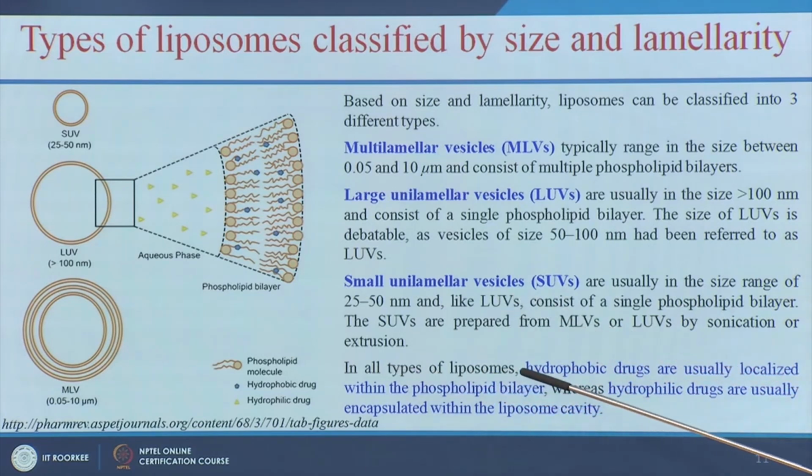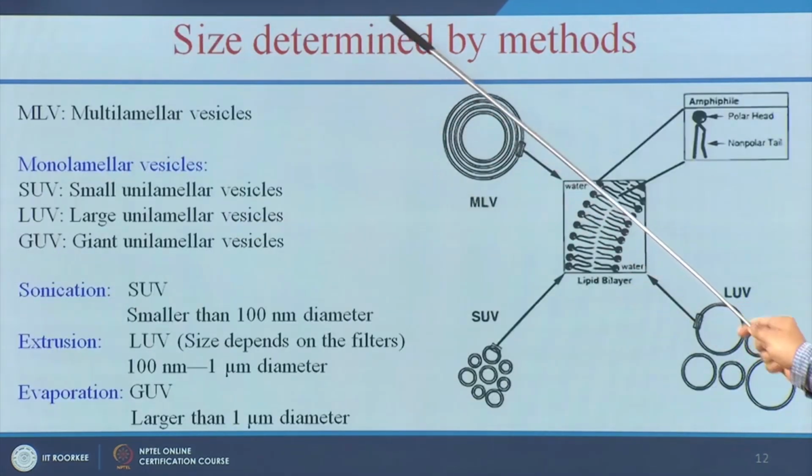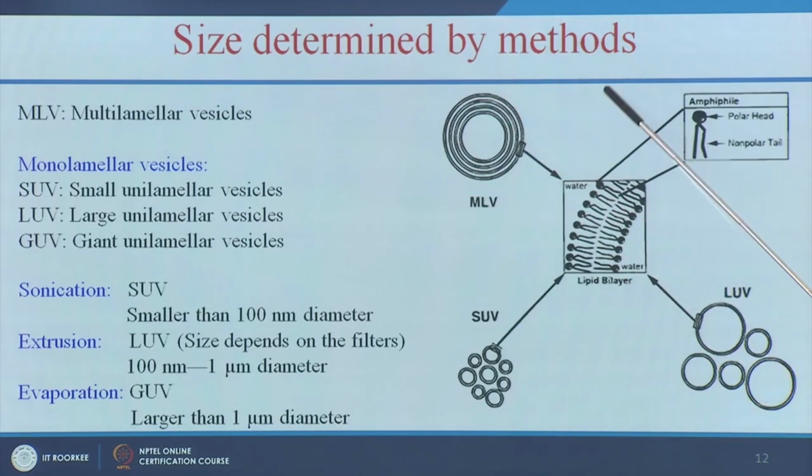In all types of liposomes, hydrophobic drugs are usually localized within the phospholipid bilayer, and hydrophilic drugs are usually encapsulated within the liposome cavity. So inside the liposome cavity we can load hydrophilic drugs, and in the phospholipid bilayer we can load hydrophobic drugs. The size of liposomes is determined by the preparation method.